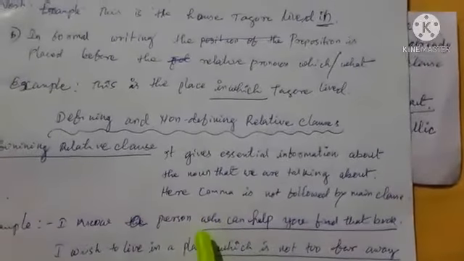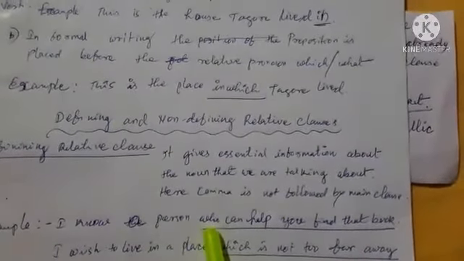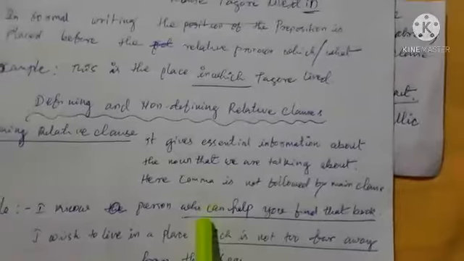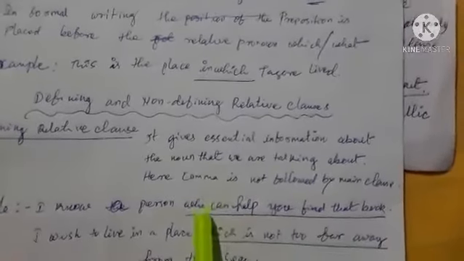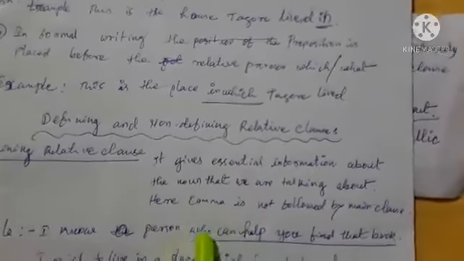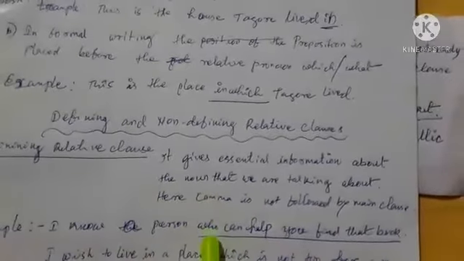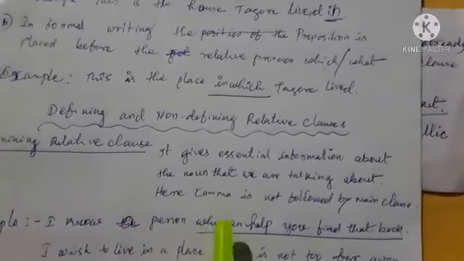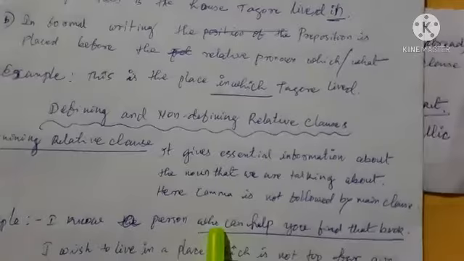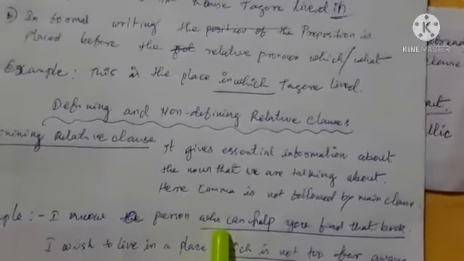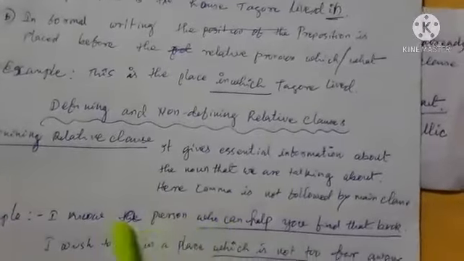So here the relative clause gives the important information about the person. There are so many persons, but here this tells a particular person. Okay, it gives essential information about a person.